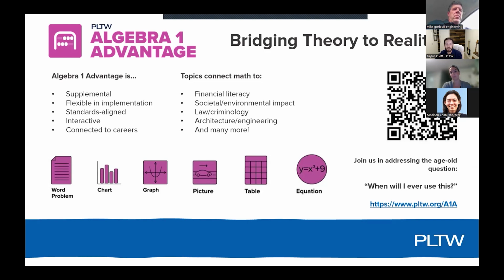So this connection to practical applications serves to improve student problem-solving skills, and in response to the limitations of traditional teaching methods, the program also employs interactive and applied learning techniques to make algebra more engaging and relevant. This is achieved by including a range of topics like financial literacy, societal and environmental impact, law, criminology, engineering, architecture, and a lot more, just to help drive the overall learning experience for students and provide something that they can really relate to.